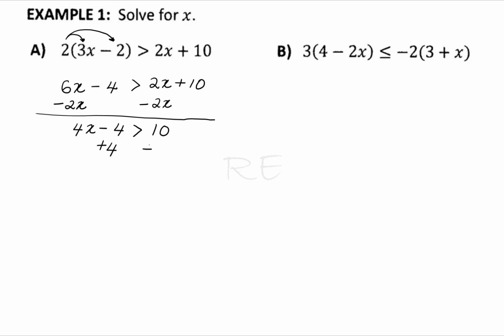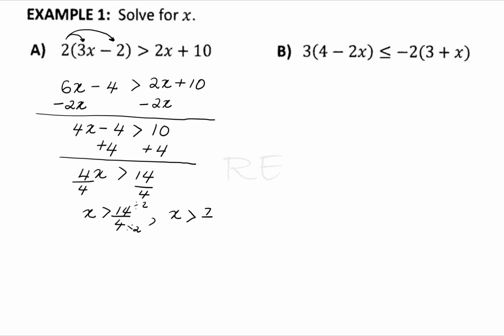Add 4 to both sides. 4x is strictly greater than 14. And divide by 4. X is strictly greater than 14 over 4, which is really 7 over 2 when we reduce the fraction.